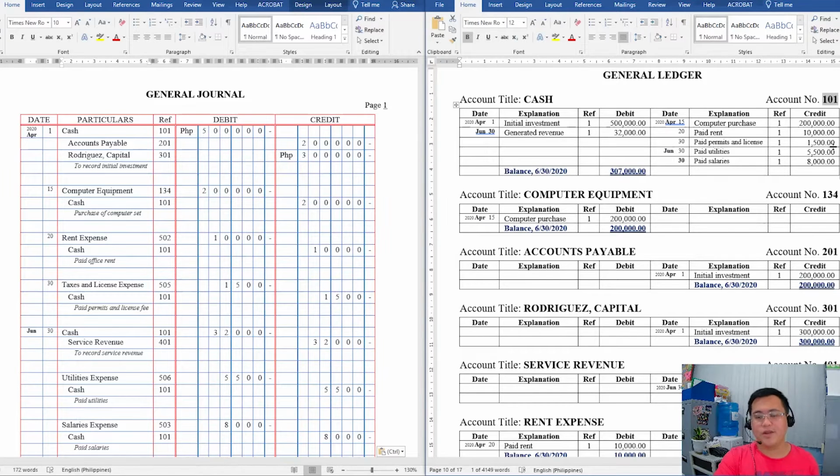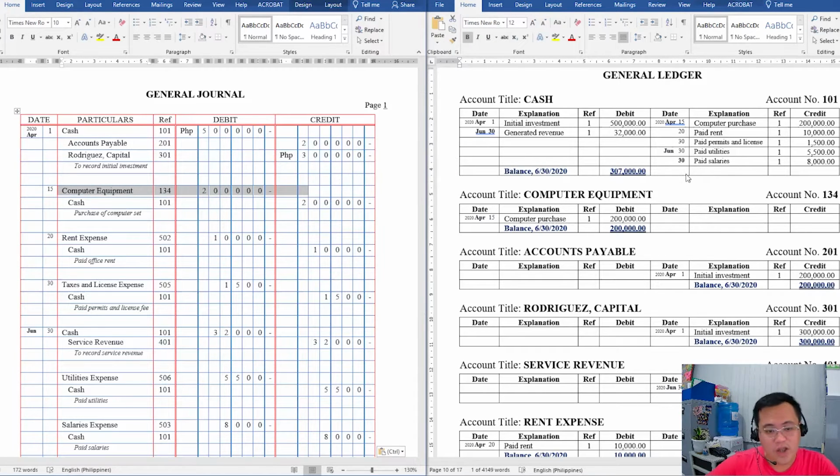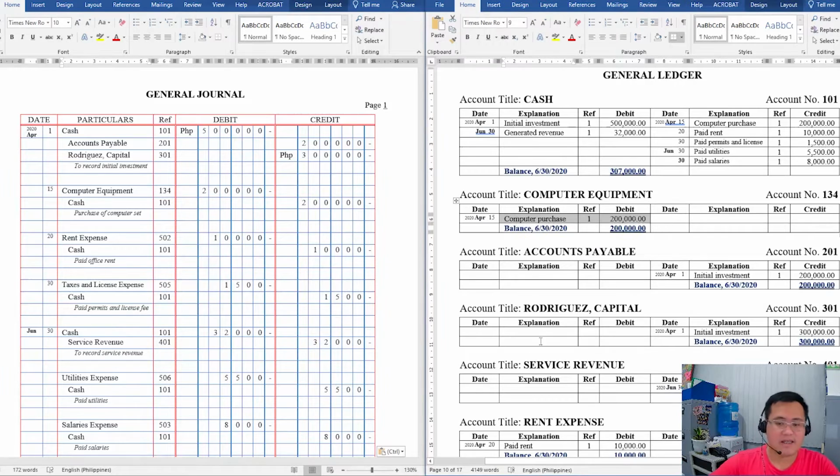Okay? So to move to the next journal entry, we have computer equipment of 200,000 with a debit here on the journal. So therefore, we should also post this to the computer equipment ledger of 134 on the debit side of 200,000 pesos.